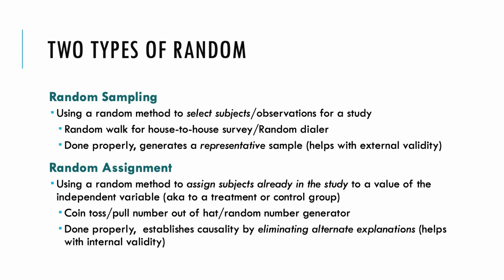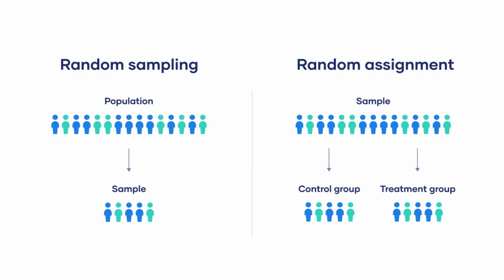Random sampling is how you choose a representative group to study. You look at the whole U.S. population, or all the voters, and you choose a smaller group from that population that you can actually give a survey to. Random assignment is how you divide up that sample. You might flip a coin and assign some of the people in your sample to the treatment.